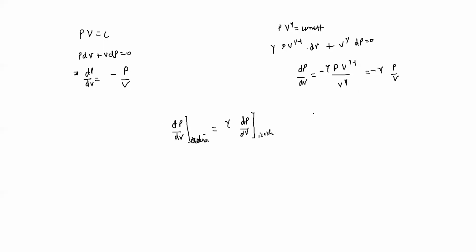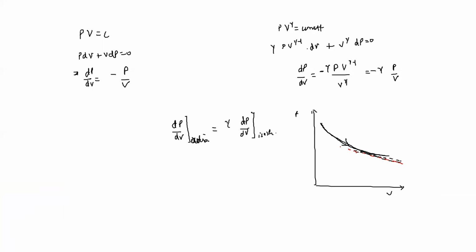So when we draw a PV diagram, let us say this is an isotherm. In that case, this is going to be the slope of the tangent of an isotherm.